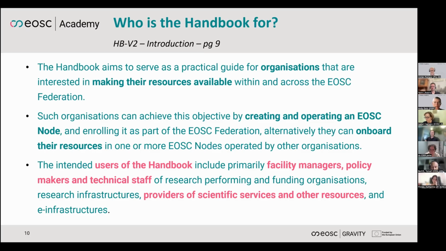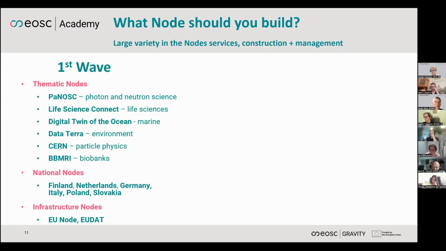Because it's for people who are building nodes, it's not aimed at end users, so the research community. It's aimed at facility managers, policymakers, because it will incur certain cost for people building it, and also providers of scientific services and data. So if you're here, I hope you fall into one of these categories. Otherwise, imagine you were in one of these categories.